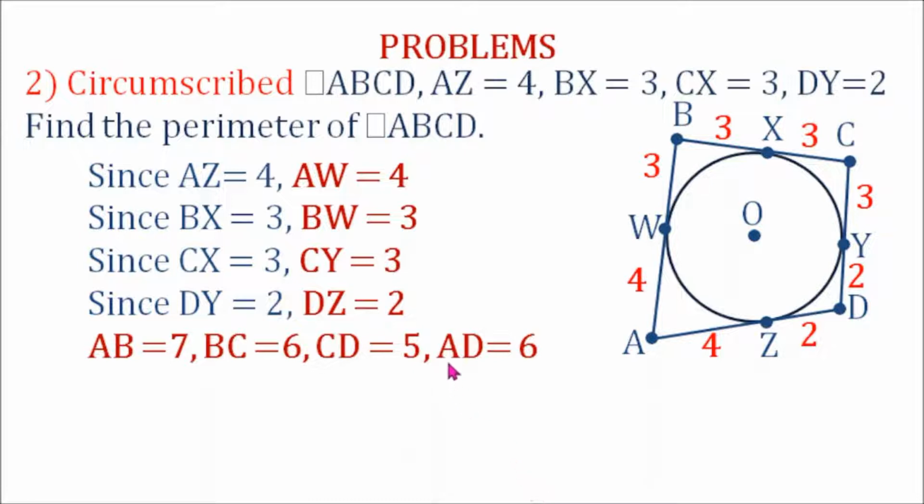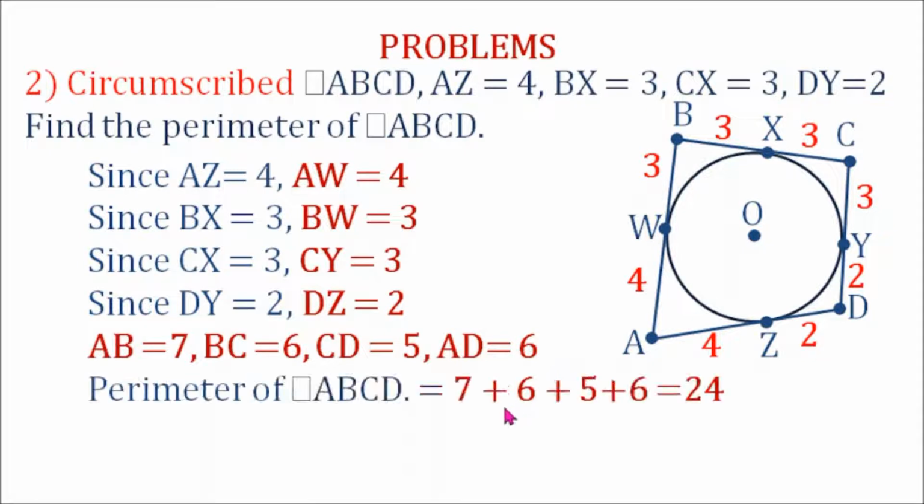Then line segment AD equals 4 plus 2, which is equal to 6. To find the perimeter of circumscribed quadrilateral ABCD, we will just add all the sides up. So that means 7 plus 6 plus 5 plus 6, which is equal to 24.